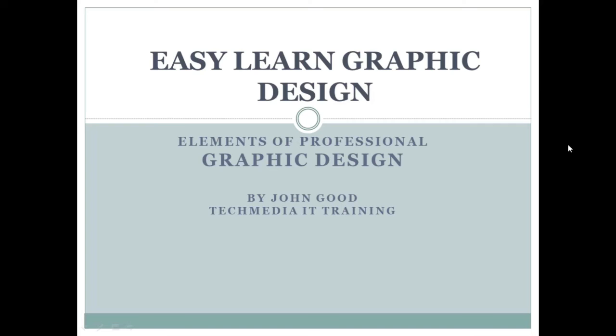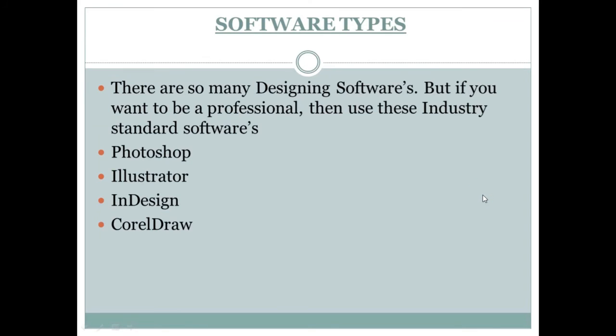In this course, we are going to look at the basic elements you need to know about if you want to become a professional graphic designer. So the first element that we are going to look at is the software types. There are so many softwares we use for designing.